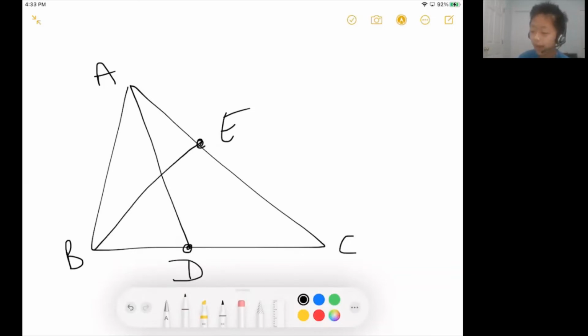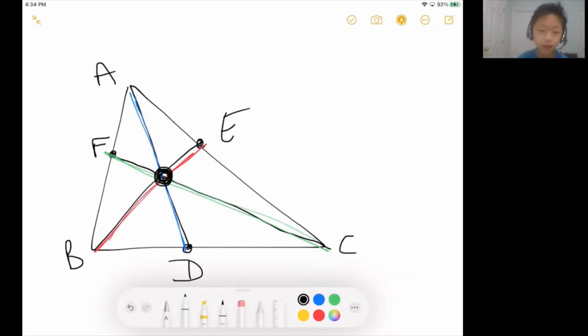And let's say we had a point F, then CF is also a Cevian. Depending on where we choose these points D, E, and F, these three Cevians, this red line, this blue line, and this green line, might intersect at one point. In this case, they intersect at this point here. All three lines intersect at one point.